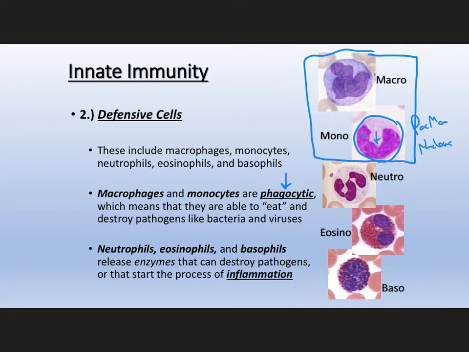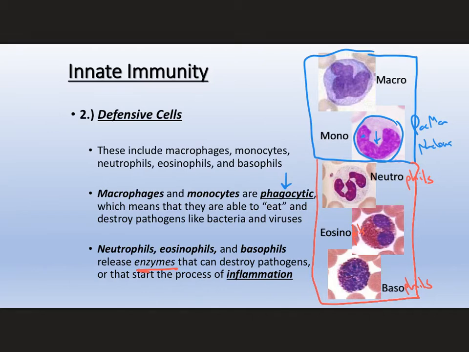Now, then we also have the phils here, right? We've got neutrophils, eosinophils, and basophils. These are all innate immune system cells, so they're non-specific. They will release enzymes, like it says here in the notes, to destroy pathogens that come into your body, and it doesn't matter what that pathogen is.